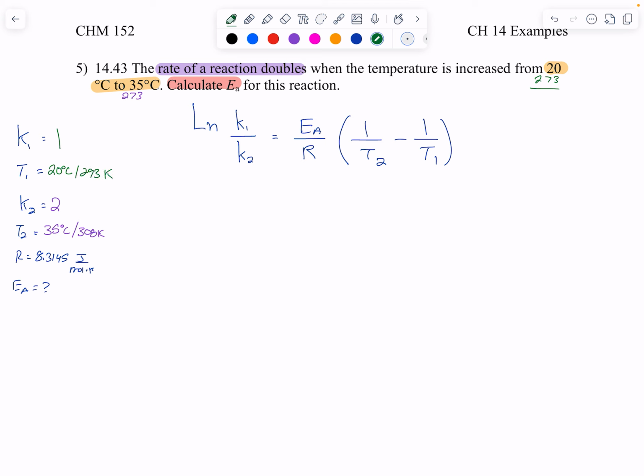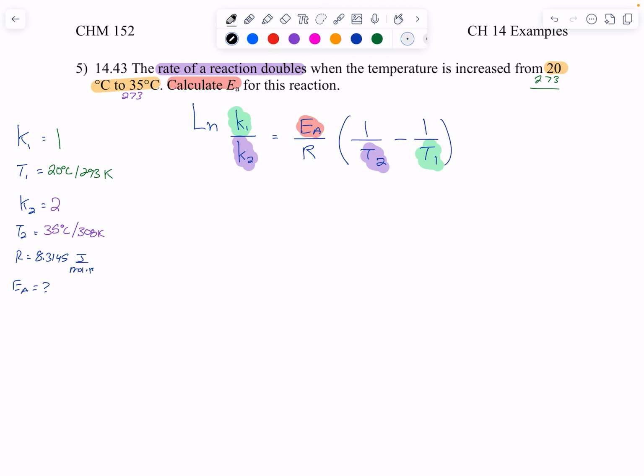And we got to keep K1 and T1 together and K2 and T2 together. I'll highlight; I like highlighting better. K1 and T1, I use purple. K2 and T2. All right, and we're solving for EA.